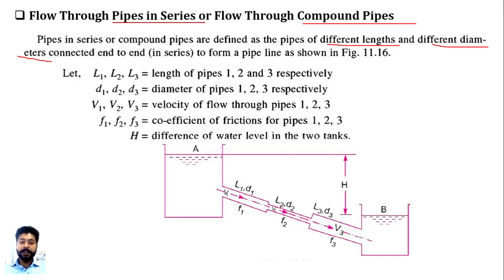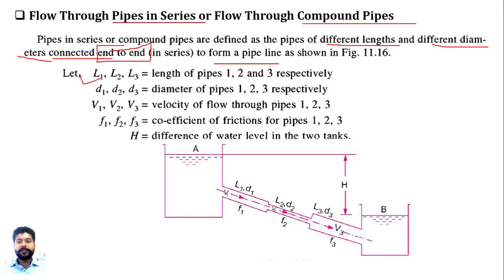Likewise, pipe 2 has L2 and D2, and pipe 3 has length L3 and diameter D3. So pipes in series are pipes of different lengths and different diameters connected end to end in a series to form a pipeline. This type of pipeline is known as pipes in series or compound pipes.